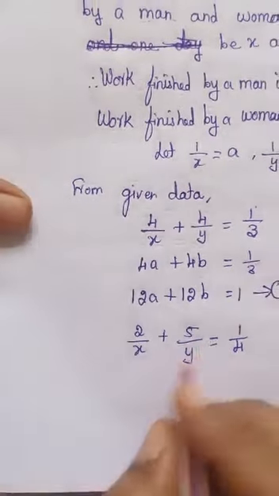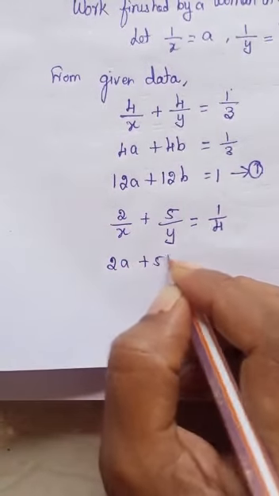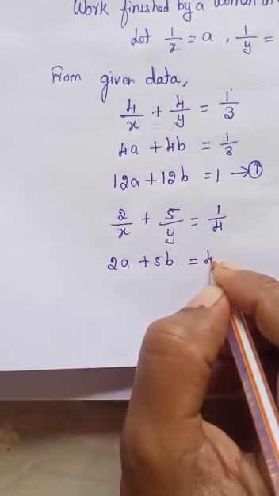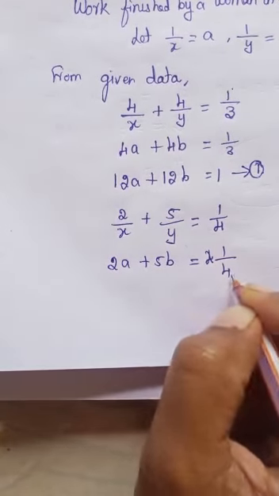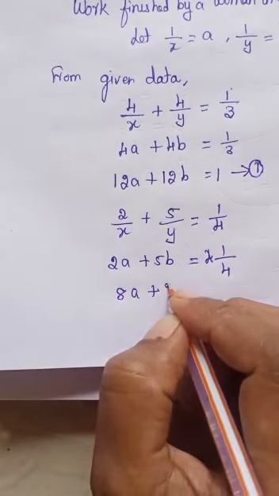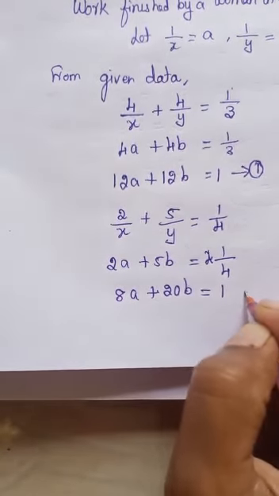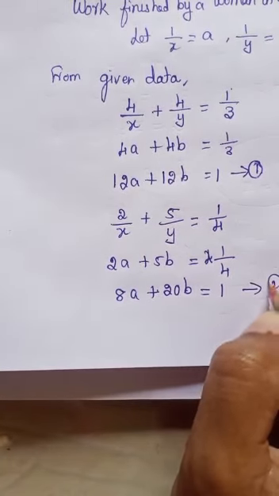See, change it in a and b. 2a plus 5b is equal to 1 by 4. Cross multiply, so we may get 8a plus 5 into 4, 20b is equal to 1. This is equation number 2.